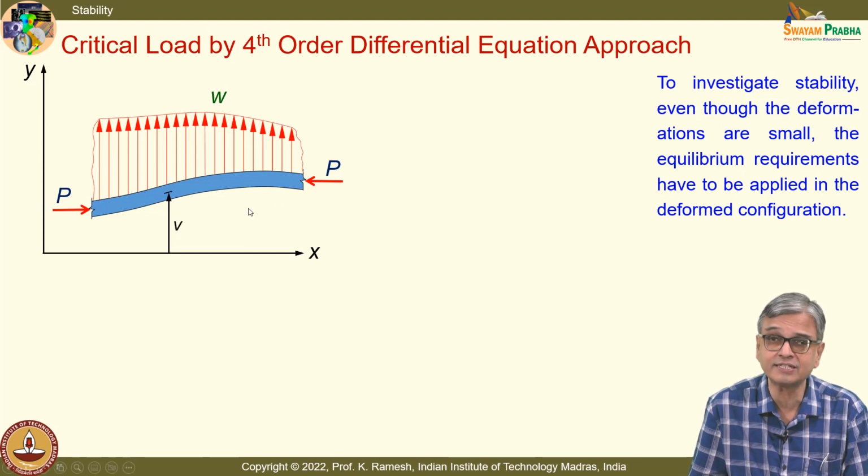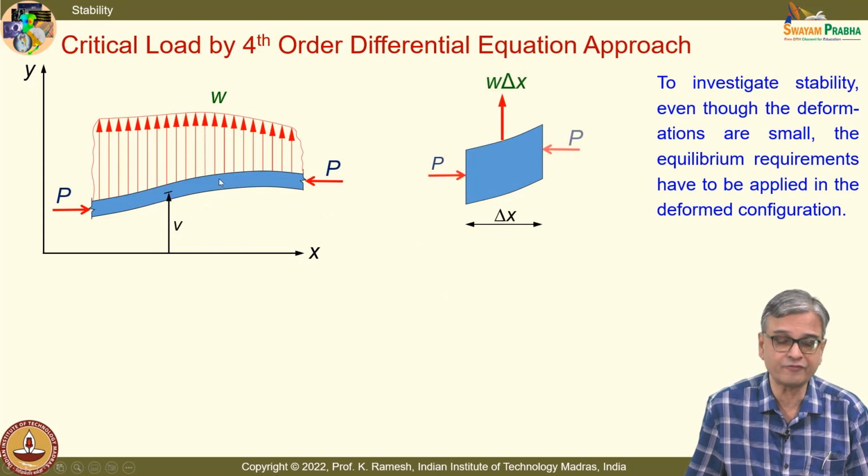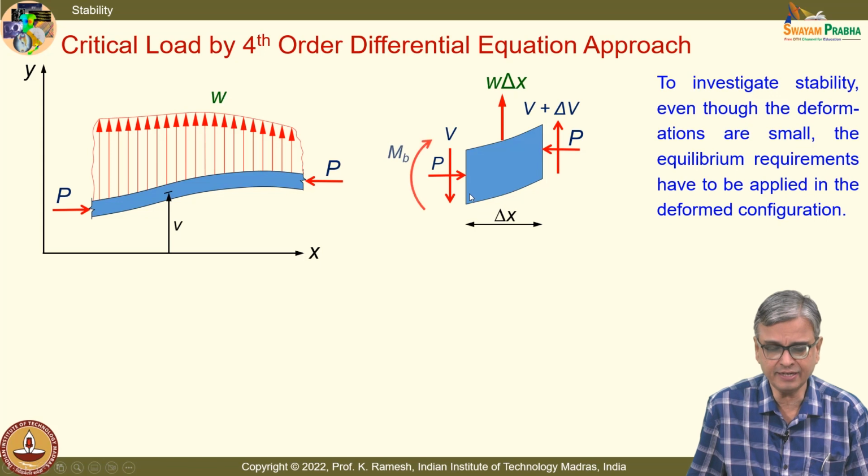Go back to your notes and then see. So, the difference is we consciously make, our goal is to investigate stability. Since I have to investigate stability, I do this and I take a small element out of it. So, we consciously make a decision to analyze it in the deformed configuration, and I have the deformed shape taken.